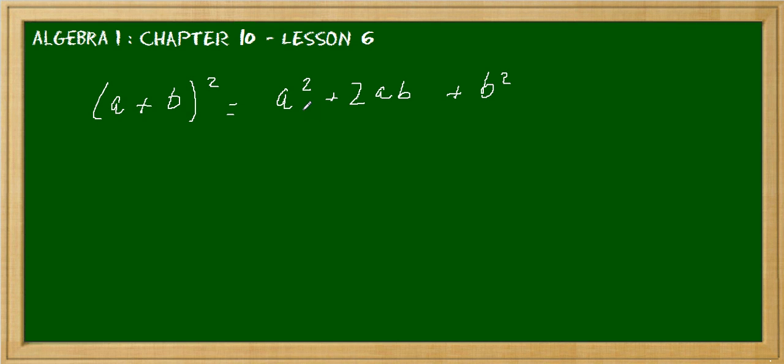Now we learned this again in a previous chapter. Now, because of this, it is added if the binomial is the sum, and it is subtracted if the binomial is a difference. So that's the only other thing. If we had a minus b, okay, and we would have, again, the square of both.